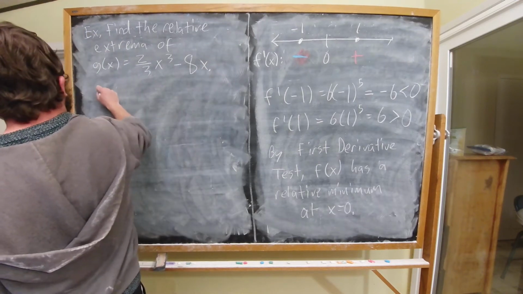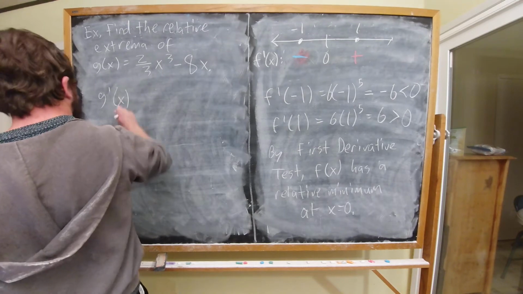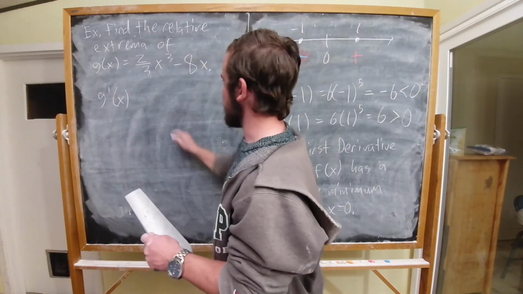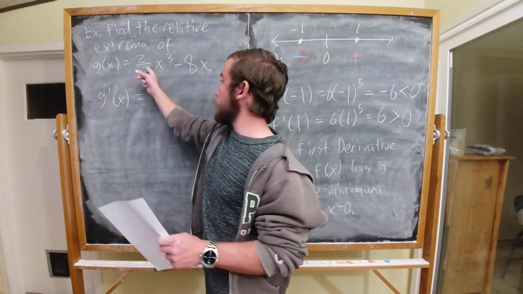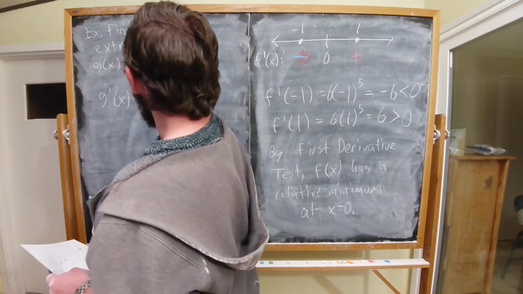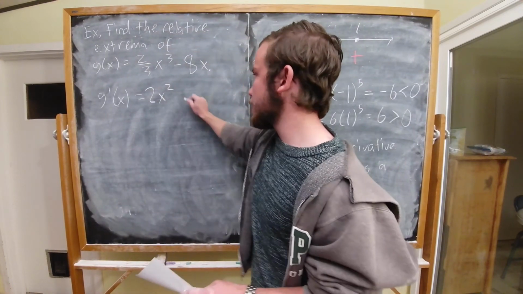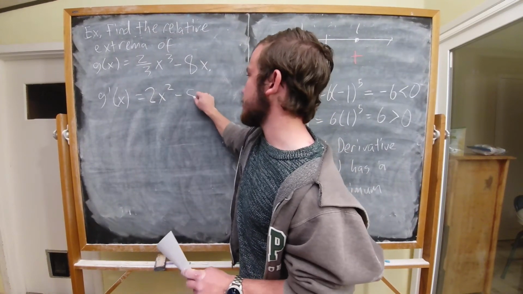Take a derivative, g prime of x is equal to, 2/3 times 3 is 2. X to the 3 minus 1 is 2. So we have 2x squared minus the derivative of 8x, which is 8.